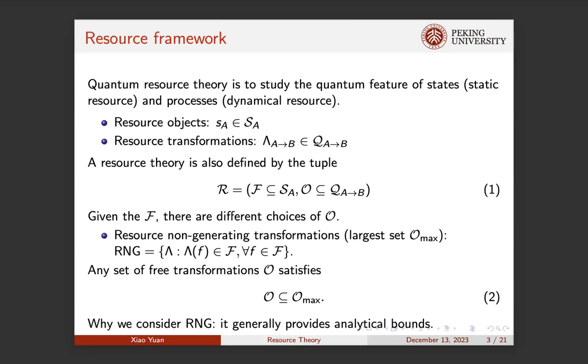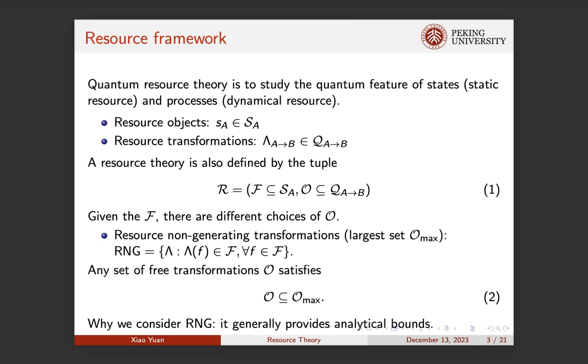While the definition depends on different resources, and especially the definition for the set of free transformations, there are many different choices. But for a general resource theory, given the free resource objects, there is a kind of unique definition, which is called the resource non-generating transformations.